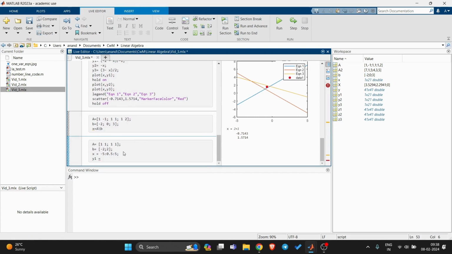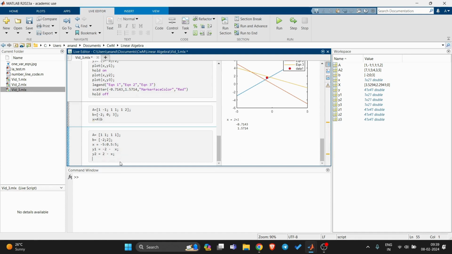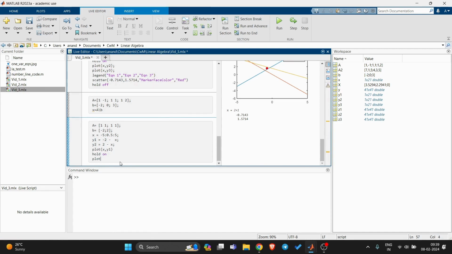So y1 is equal to minus 2 minus x and y2 will be equal to 2 minus x. And let's plot them in a figure. So x, y1, then hold on, x, y2.